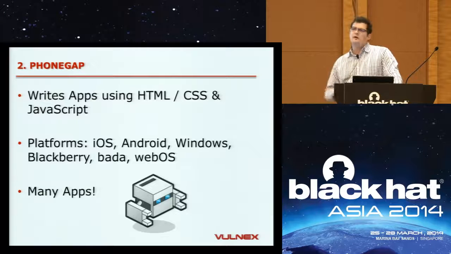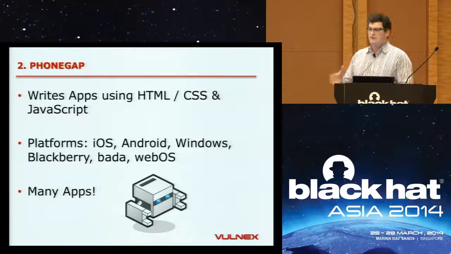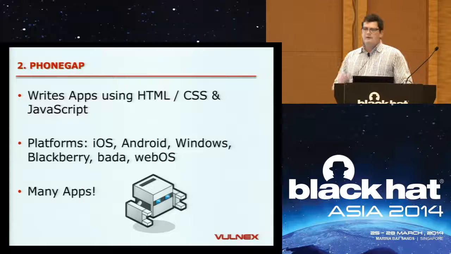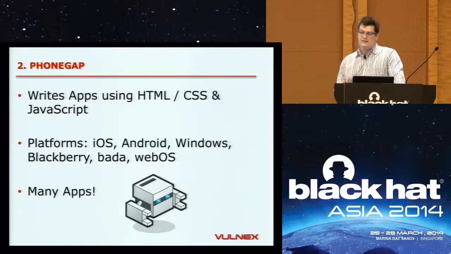Okay, so now moving on to different frameworks. We have just covered Basic for Android, pretty easy, and now we're moving to PhoneGap. PhoneGap is very popular. We can write applications using just HTML, Cascading Style Sheets and JavaScript, so it's like writing web apps for mobile, like a mobile app.